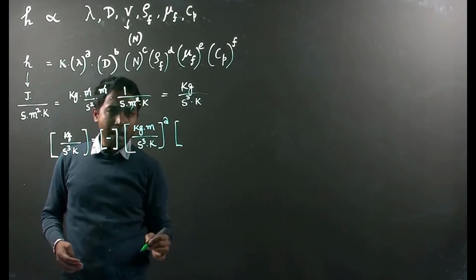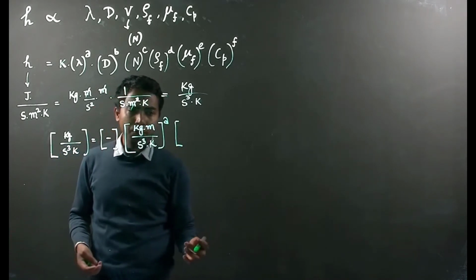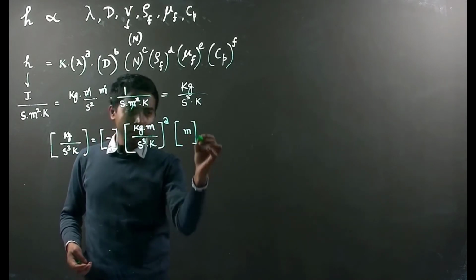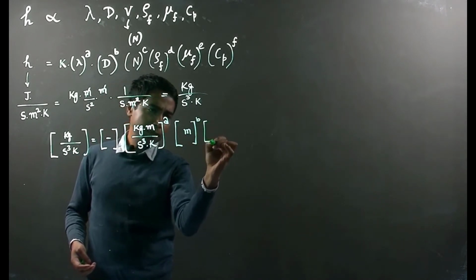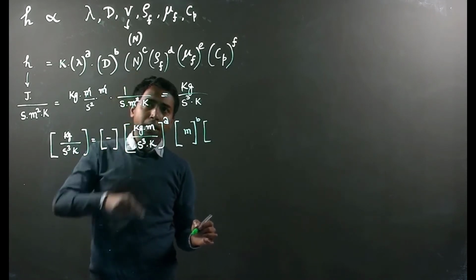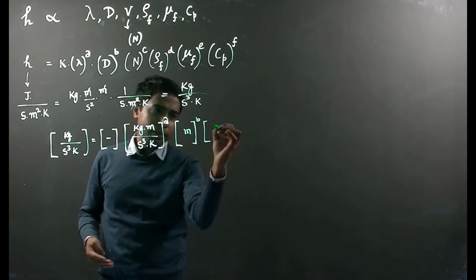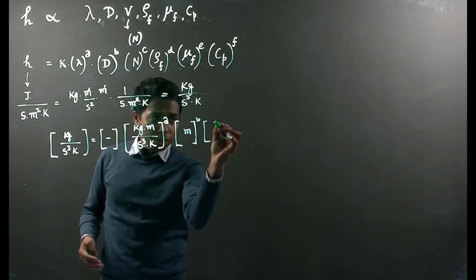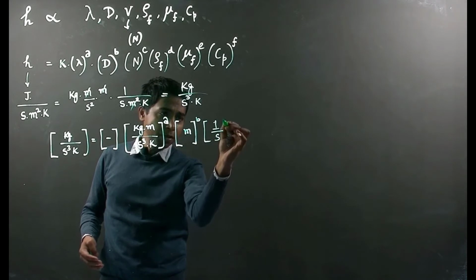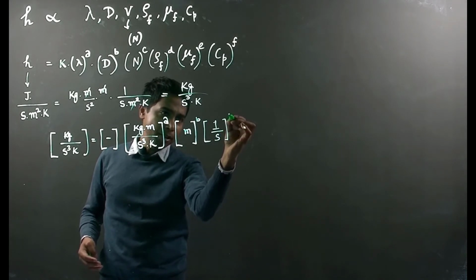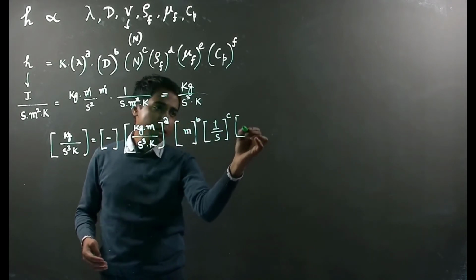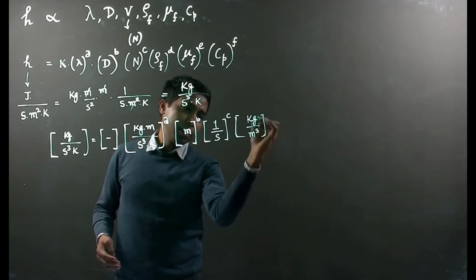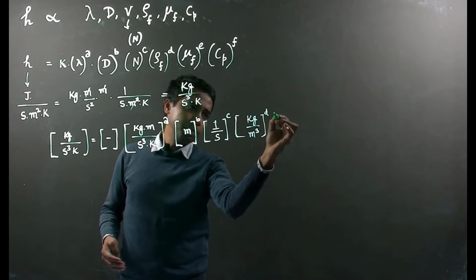For capital D, the diameter or characteristic dimension of the system, it's of course a length, so just meters raised to the power b. The third term is the stirring speed, given in your exercise to be just inverse seconds, raised to the power c. Density rho is always kilograms per meter cubed in SI units, to the power d.